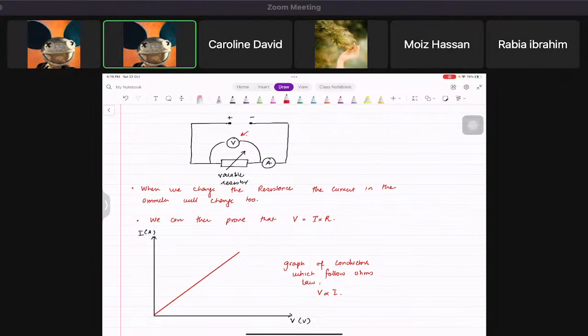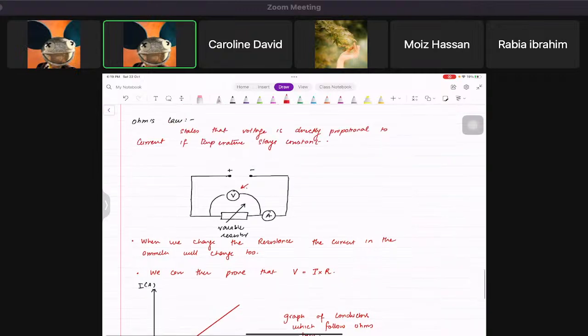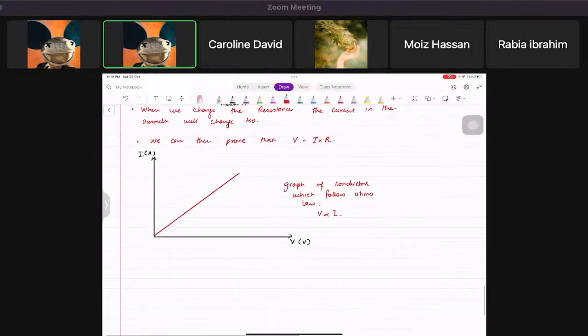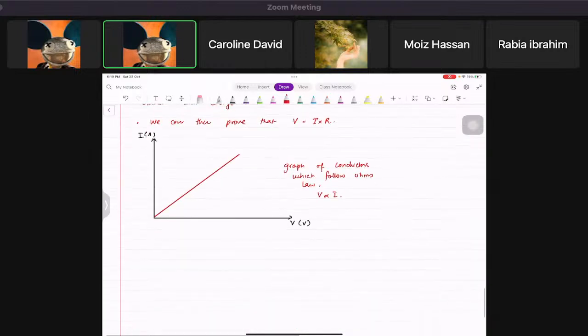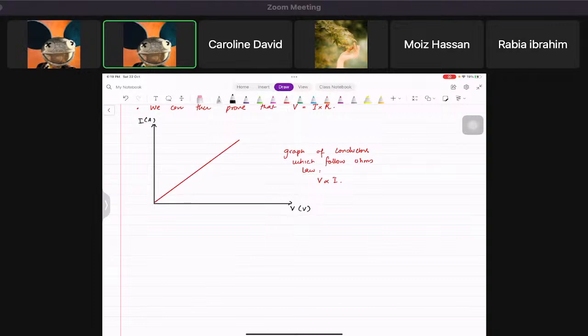Now, there are different kinds of resistors. Some of them follow Ohm's law, some of them do not. So we're going to learn about them. First of all, we're going to learn about a fixed resistor, and then a variable resistor.